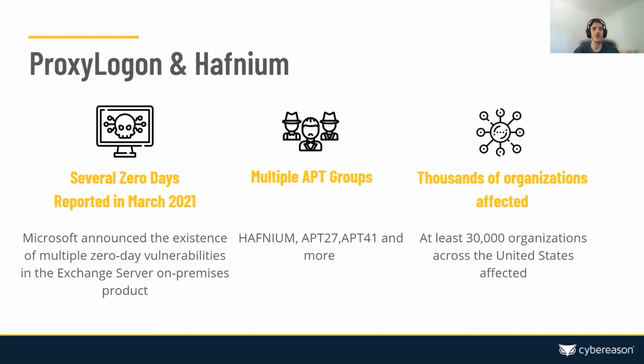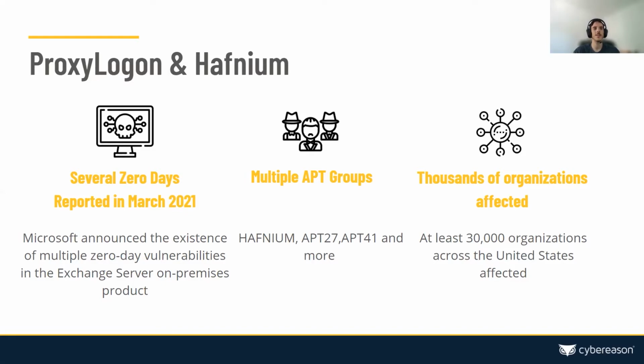Security vendors, including Cybereason, observed evidence of a wide range of threat actors that have exploited these vulnerabilities, including APT groups such as APT41, APT27, and Hafnium. In addition, other threat actors have been observed attempting to deploy ransomware payloads on affected infrastructures.